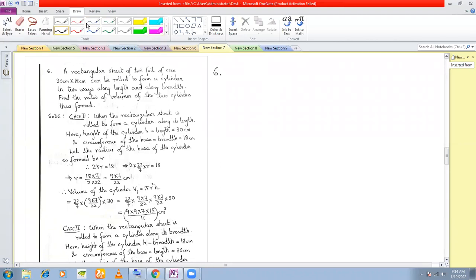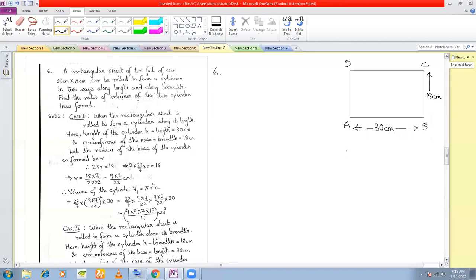You have a rectangular sheet of tin. Length is 30 centimeter and the breadth is 18 centimeter.